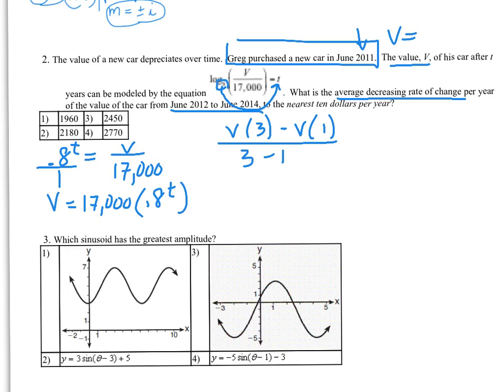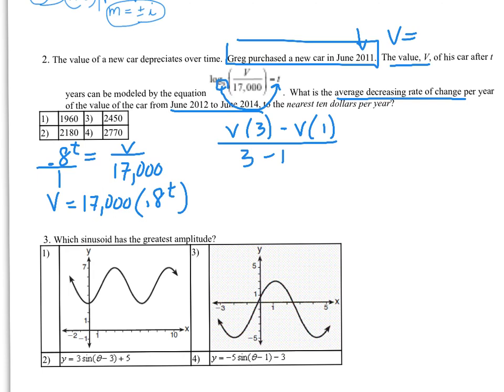Okay, so you have a calculator. So all you're going to do is take your calculator and put this equation in, and then I'm going to plug in a 3 here, get an answer, and then I'm going to plug in a 1 here, get an answer, and subtract them.